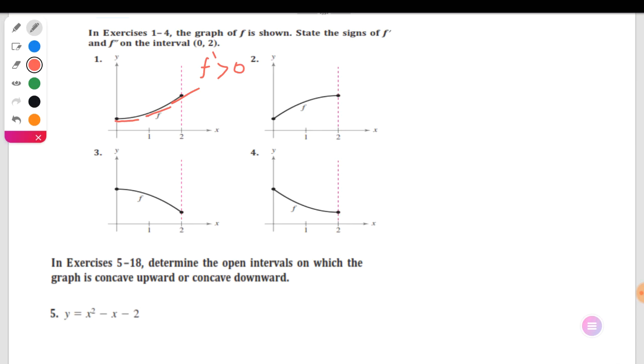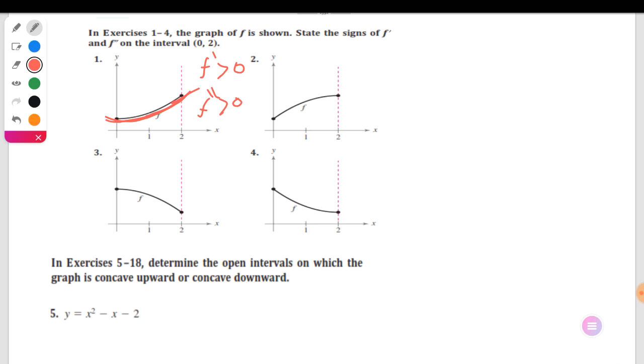And as you see, the curve here is concave upward. So according to the theorem 4.7, I think, if the curve of the function is concave upward, the second derivative is greater than 0.